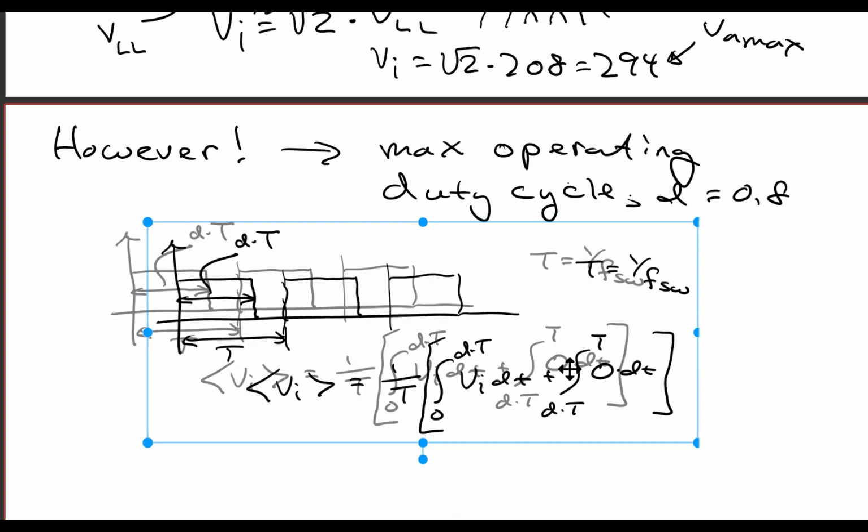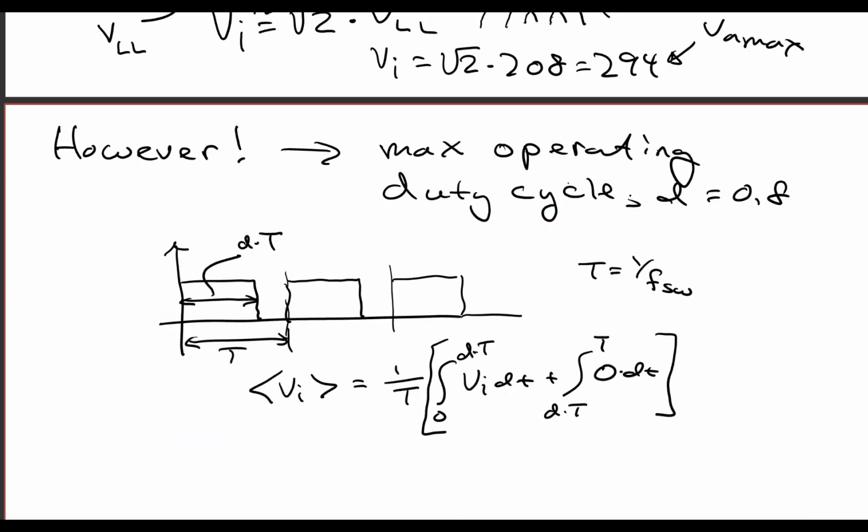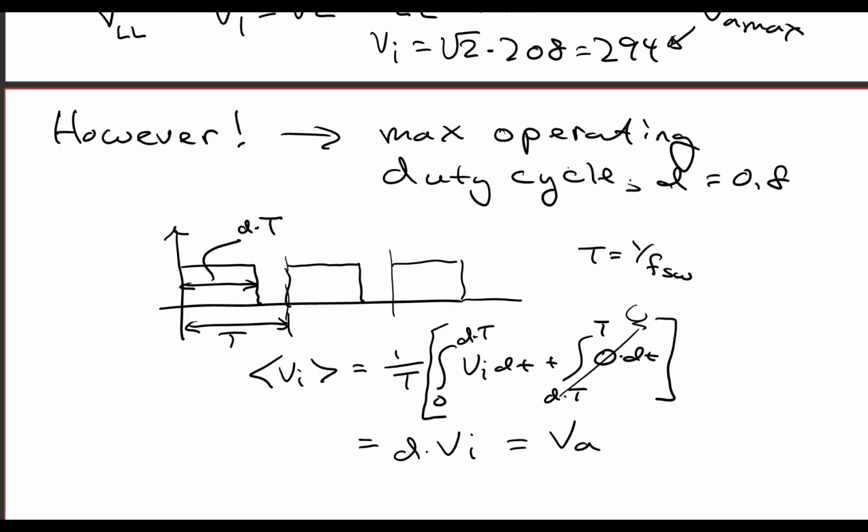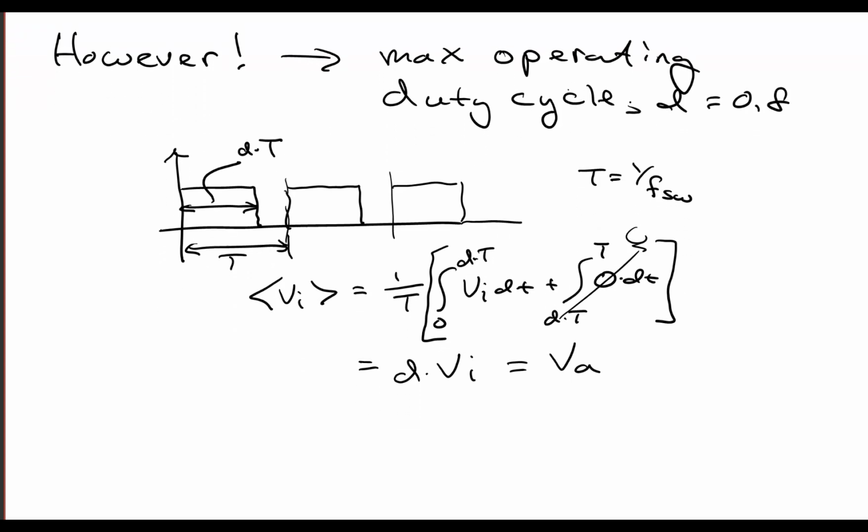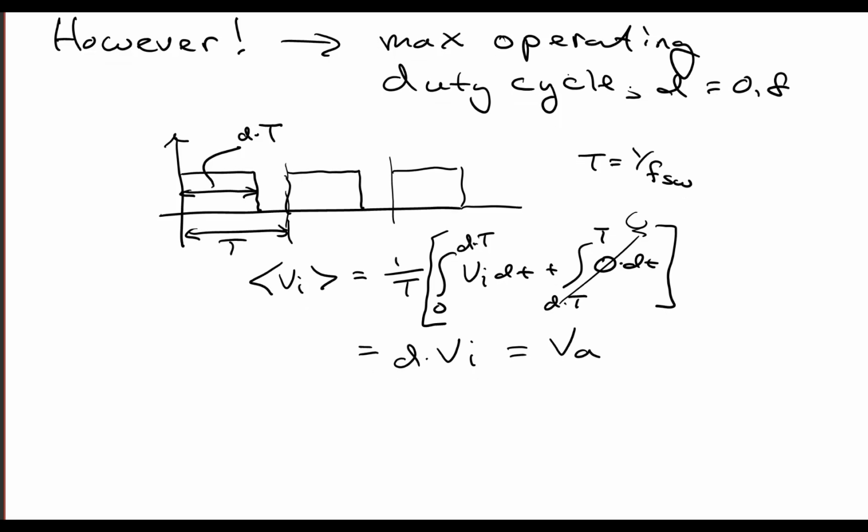Okay, so what does that really end up being? It ends up being D V sub I when you solve this whole thing. That's the armature voltage. So what I've said is that we talked about operating on the maximum, the P max capacity set by the drive.